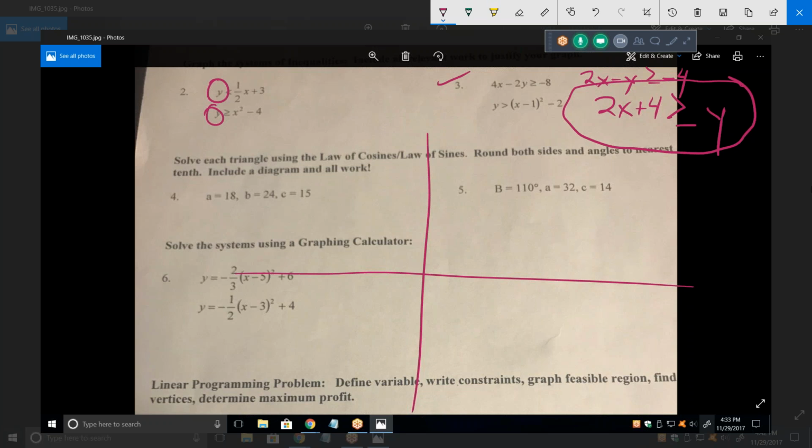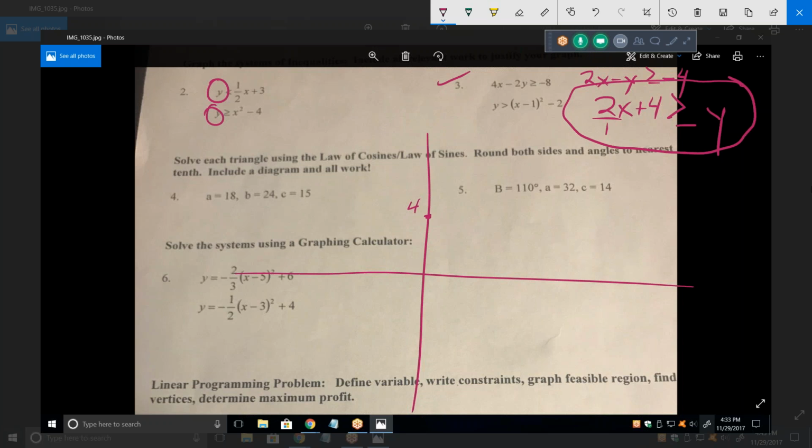How do I graph that? I actually now do have it in y equals mx plus b format. So you put a point on the 4, and then do you go up 1 over 2? It's rise over run.